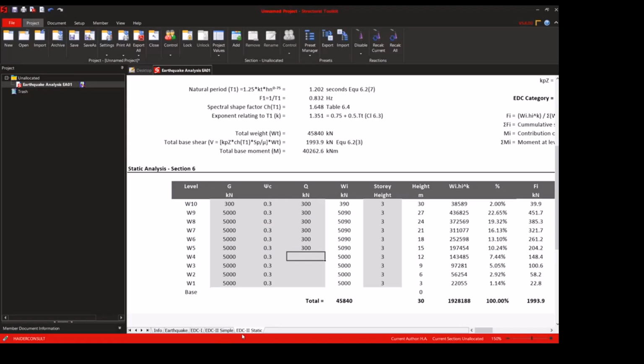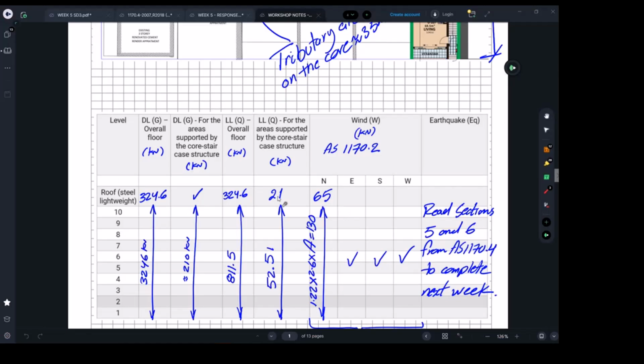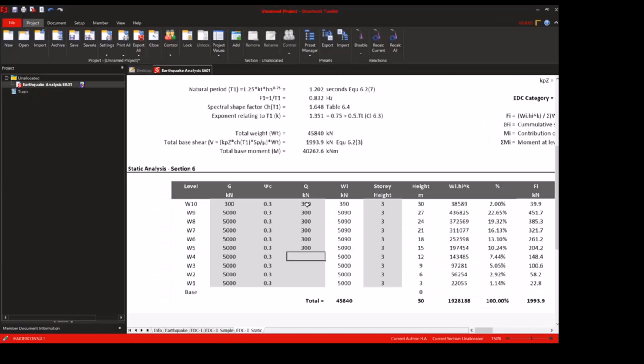The live load, take whatever is here. So overall, take this value, the overall floor, this one. And I think it should be, not sure, say about 1,000. The first one will be about half, and the rest will be 1,000. Okay? Yes.